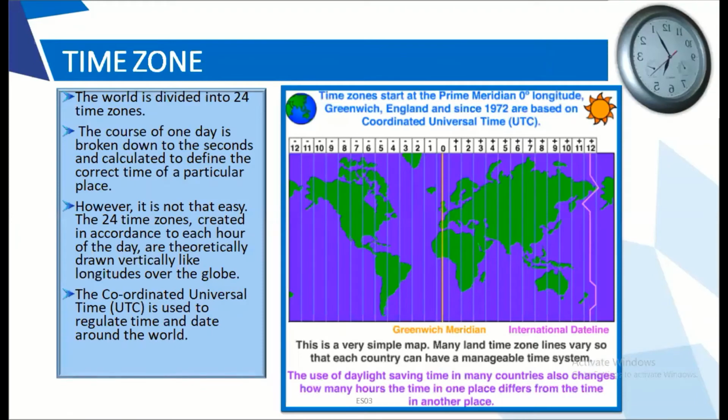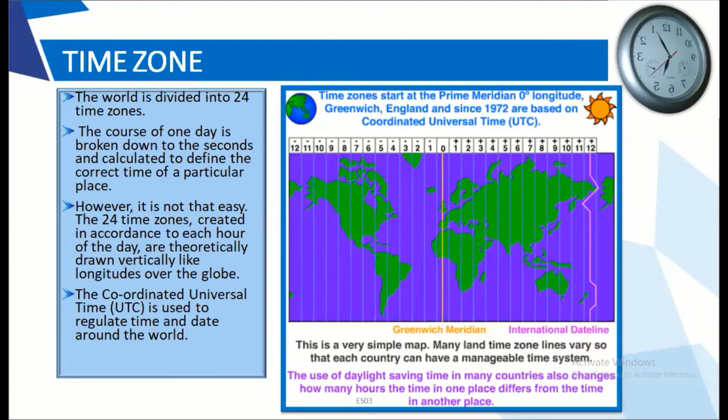Time zone. The world is divided into 24 time zones. The course of one day is broken down to the seconds and calculated to define the correct time of a particular place. However, it is not that easy. The 24 time zones created in accordance with each hour of the day are theoretically drawn vertically like longitudes over the globe.